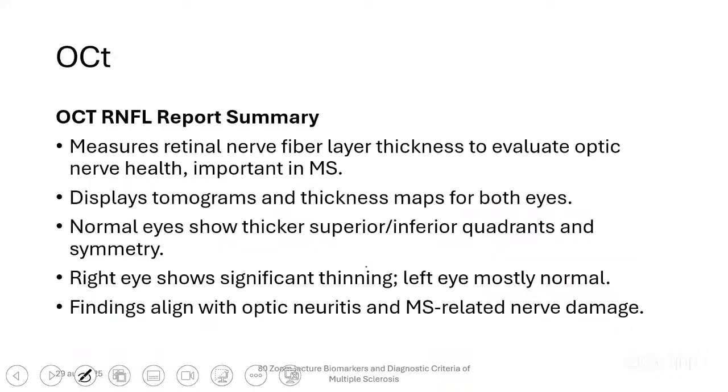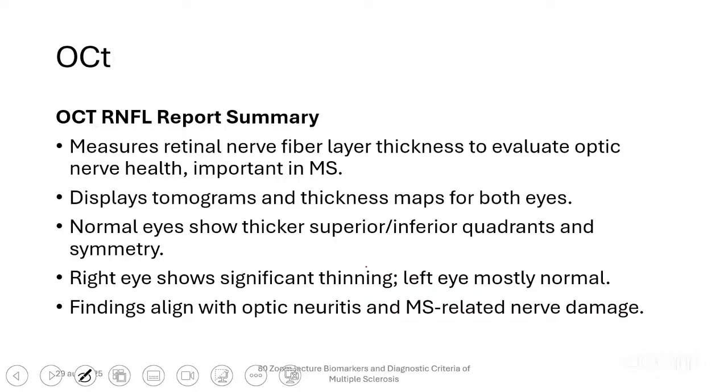So whenever a report is given, it measures retinal nerve fiber thickness to evaluate optic nerve health, important in MS. The tomograms are displayed and thickness maps for both eyes are displayed, which we'll see in the cases.